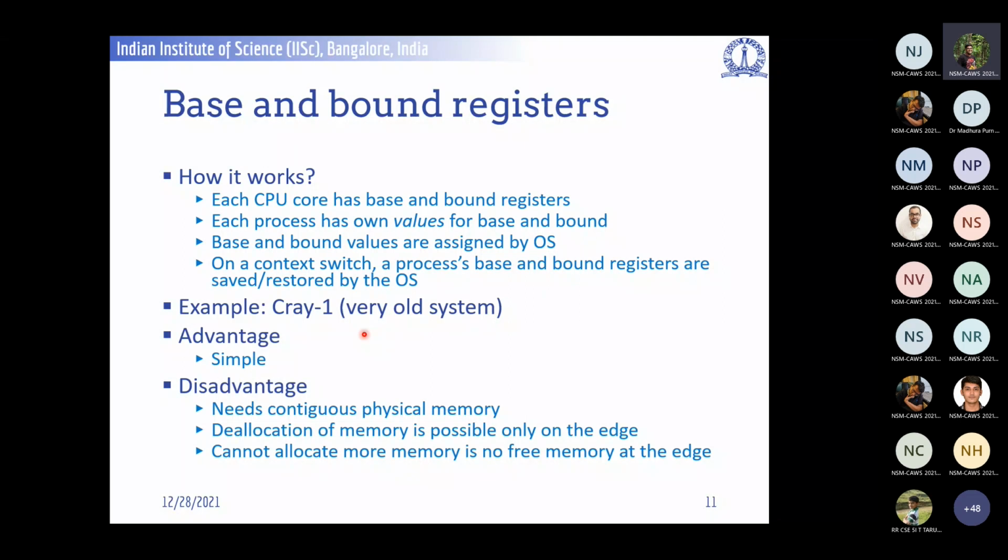You need free contiguous physical memory to map a region for a given process. Also, freeing up memory is hard. You can do it only at the edges. So this is not really useful for modern, more complicated software.